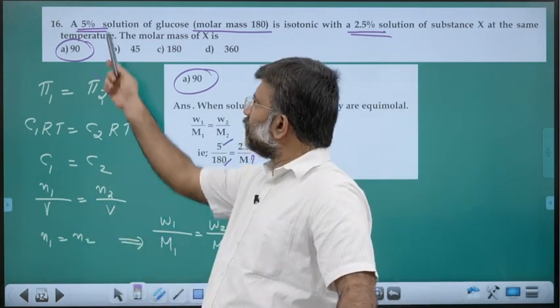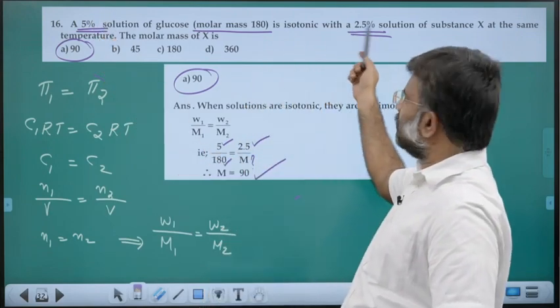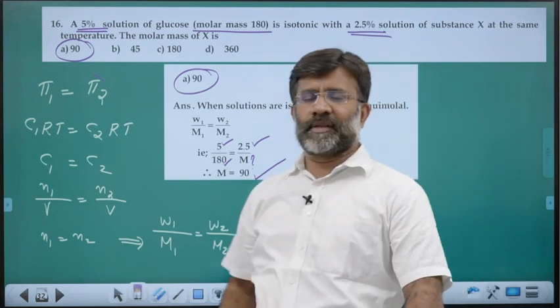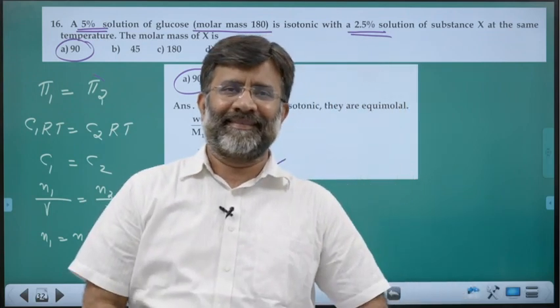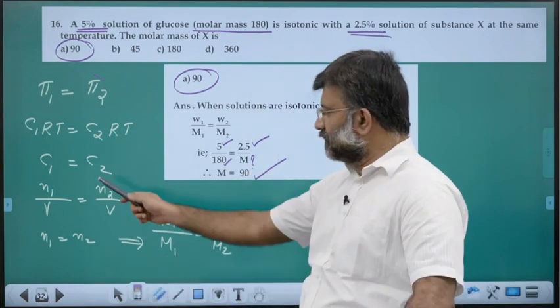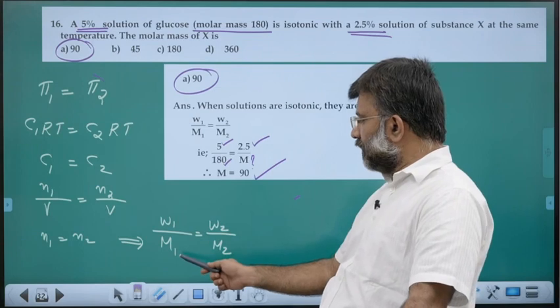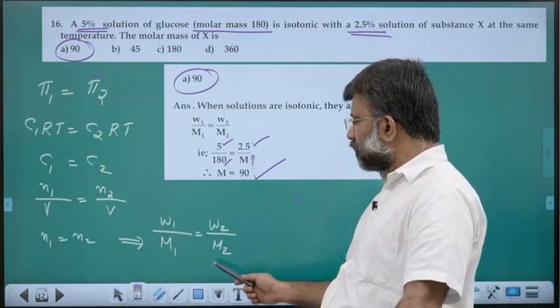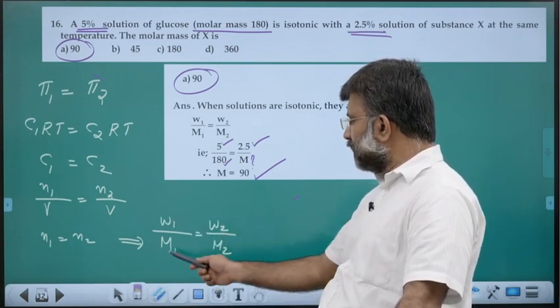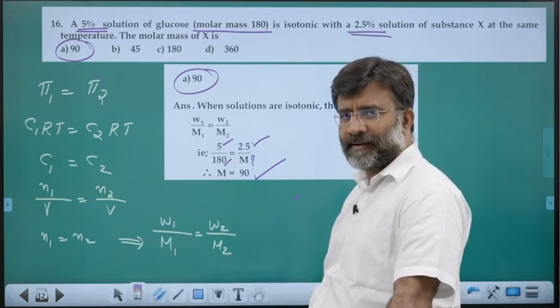Let us assume 5% mass by volume and 2.5% mass by volume. So both are having same volume, 100 ml. So N1 is equal to N2. That is W1 by M1 equal to W2 by M2. This is given, this is given, this is known. What is this? Clear? Next question.